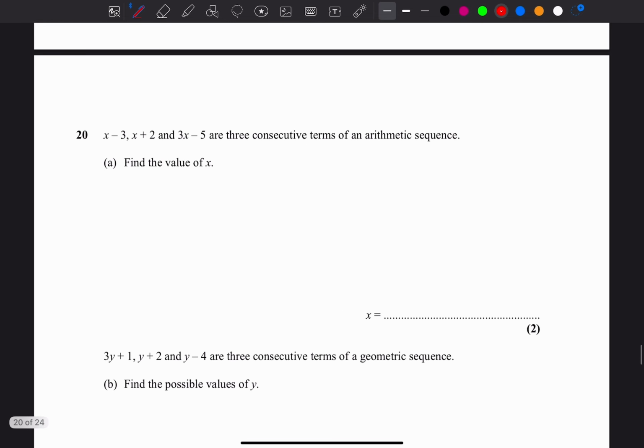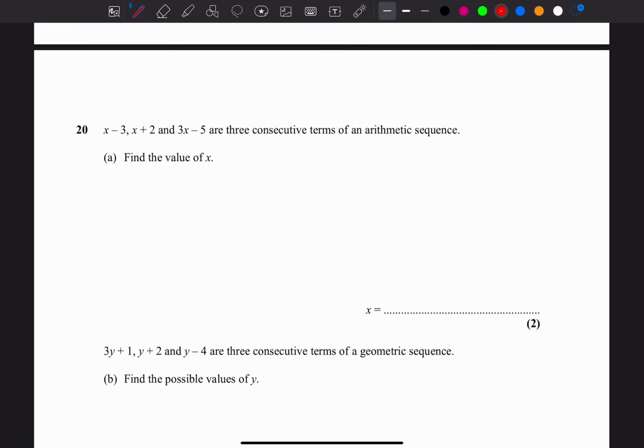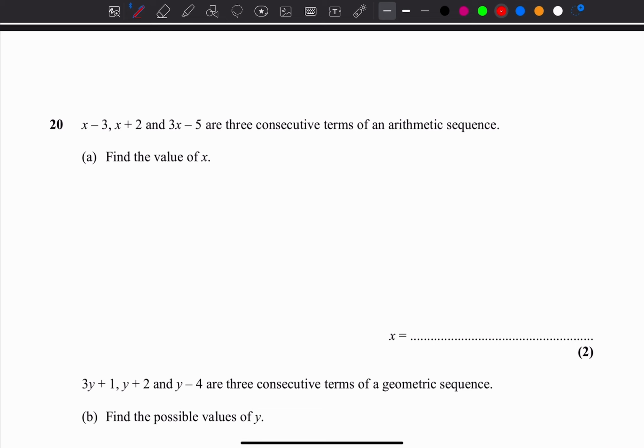Next one. Arithmetic sequences. If you have u1, u2, u3, these are the first 3 terms, you just do the takeaway. So u2 take away u1 equals u3 take away u2. So this take away that is equal to that take away that.